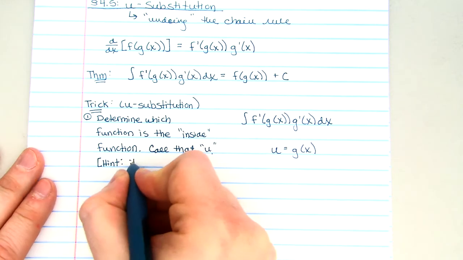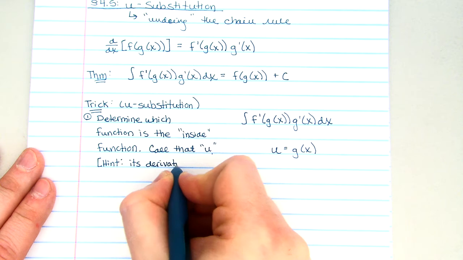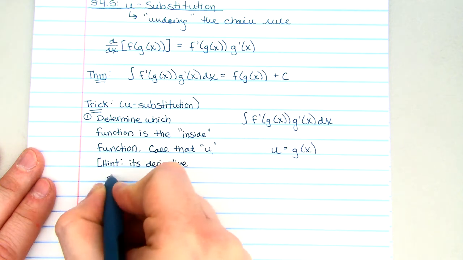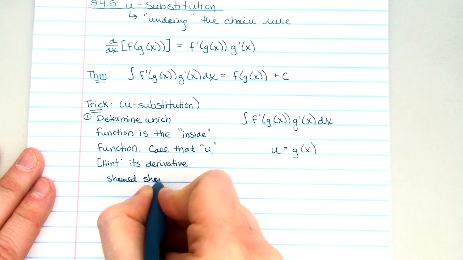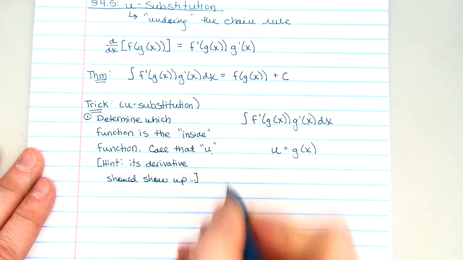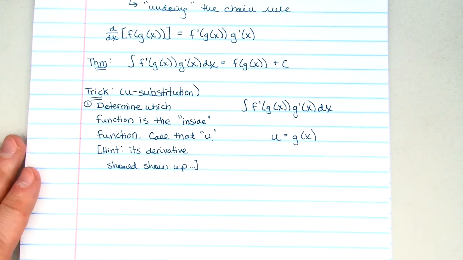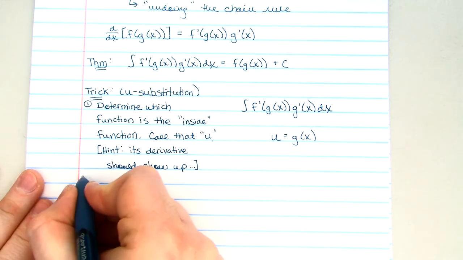So hint, its derivative should show up. I'm going to figure out what my inside function is, and call that thing u.